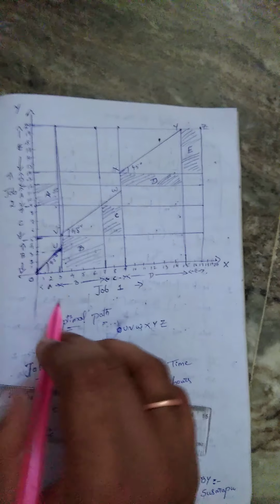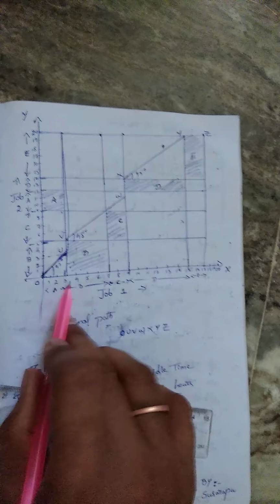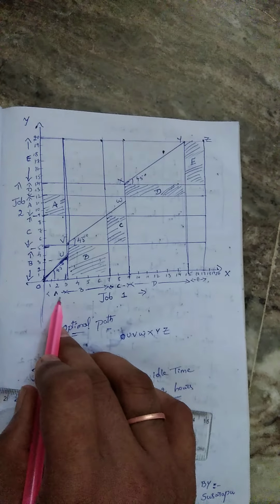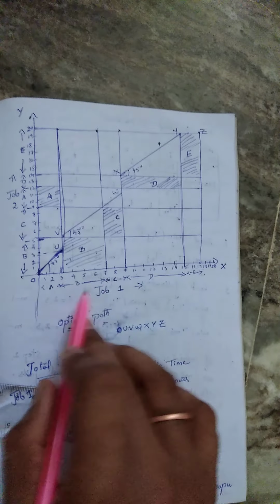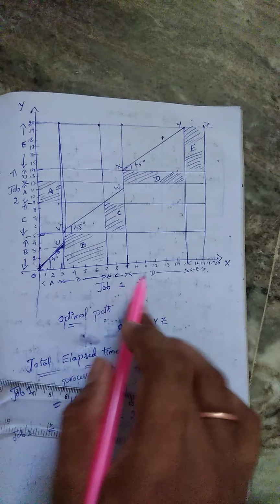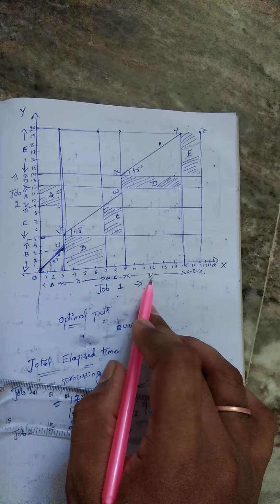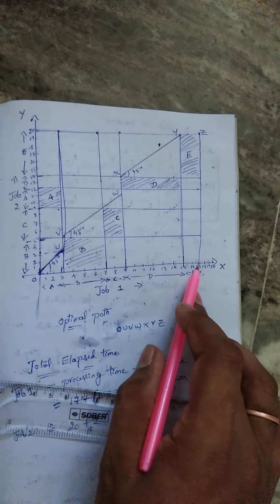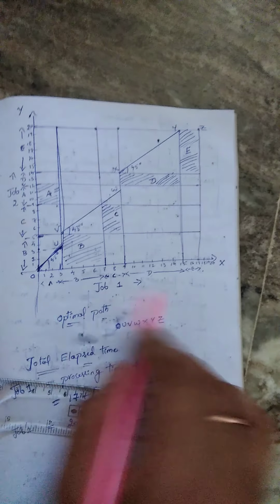In the same way, on the horizontal axis, 0 to 3 is the A sequence, 3 to 7 is the B sequence, 7 to 9 is the C sequence, 9 to 15 is the D sequence, and 15 to 17 is the E sequence of job 1 on the horizontal axis.